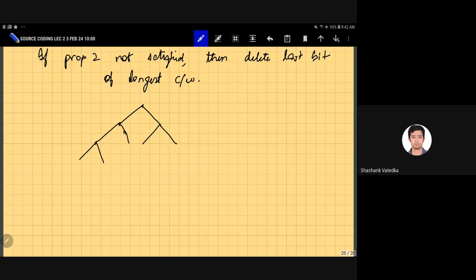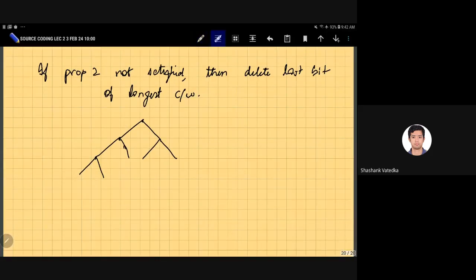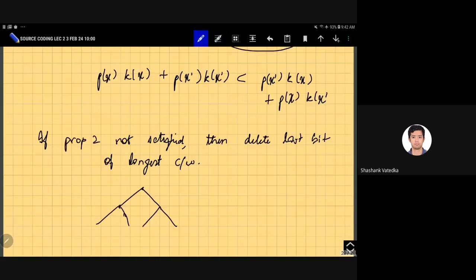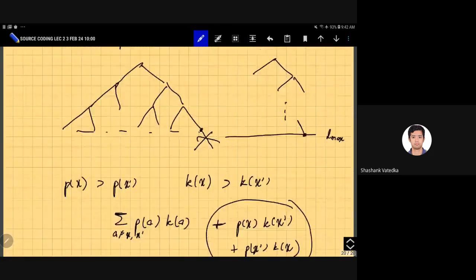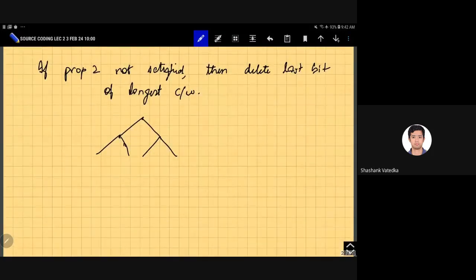All right. So what can happen is the following. Note that the two longest code words corresponding to the least likely symbols should differ only in the last bit. Let us say that I have four probabilities: 0.24, 0.26, 0.24, and 0.26.